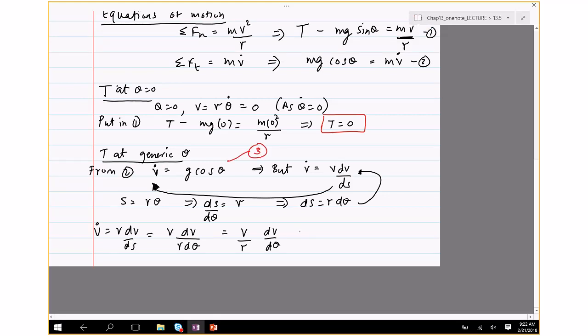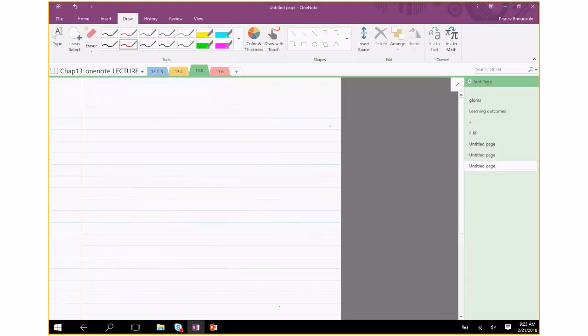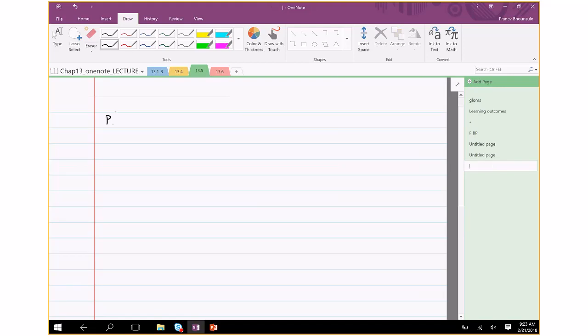That is 3 and 4. So what I'm going to do is put 4 in 3 and then integrate. That gives me v divided by r dv d theta is g cosine theta.